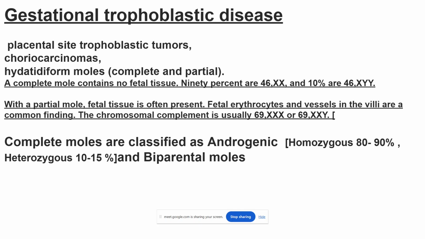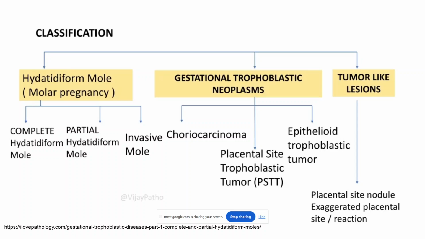So that's the partial mole. But the majority of the patients we see are complete moles. And complete moles are classified further into androgenic and heterozygous based upon the chromosomal structures. The classification of the hydatidiform or molar pregnancy is complete, partial or invasive mole, which results in the choriocarcinoma later.